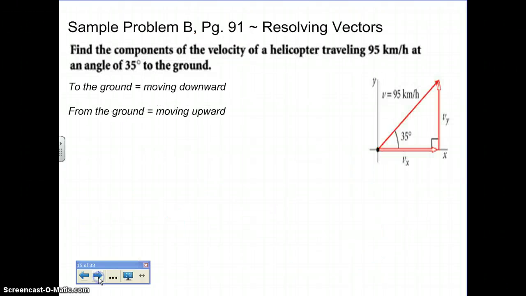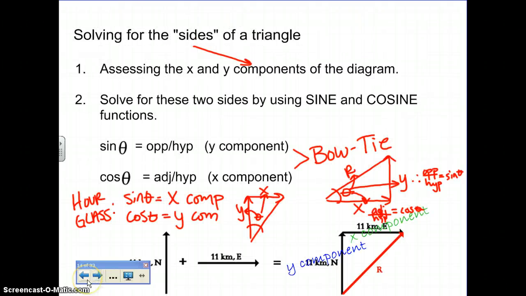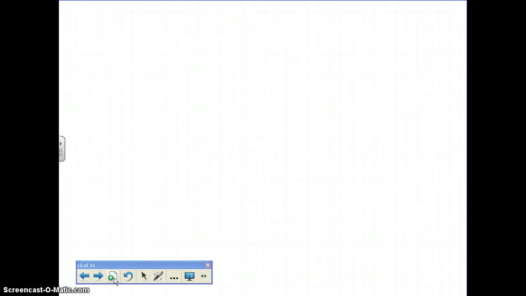Let's look a little bit more clearer at this here. You really want to look at these equations. Sine theta equals opposite over hypotenuse, and cosine theta equals adjacent over hypotenuse.